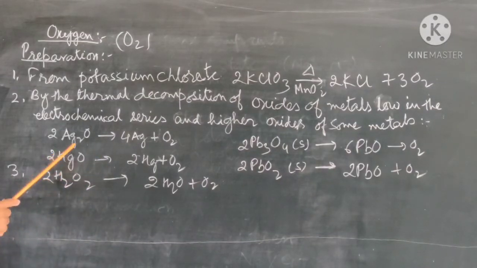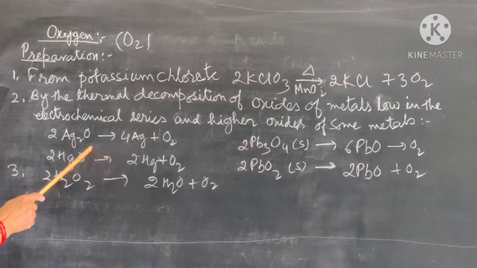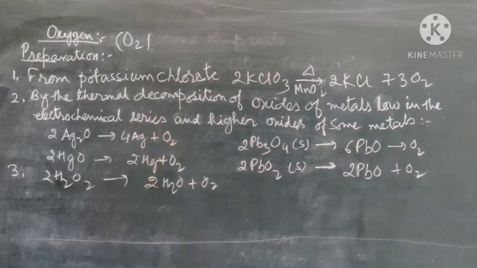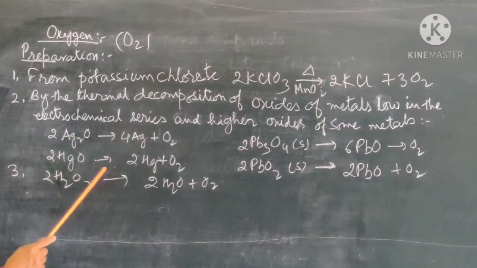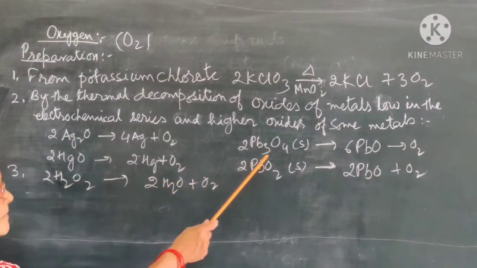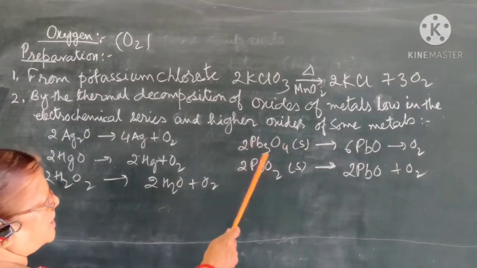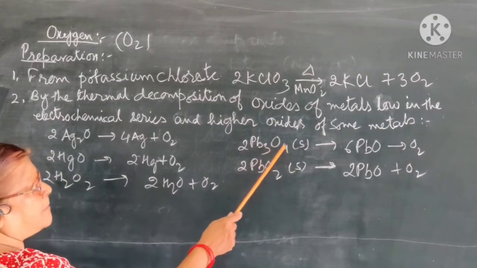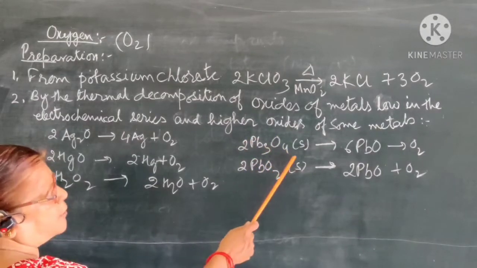For example, when silver oxide, Ag2O, is heated, it is converted into silver and oxygen. When mercuric oxide is heated, it is converted into mercury and oxygen. Now for lead, this is a combination of two lead oxides, PbO2 and PbO, so the formula is Pb3O4.